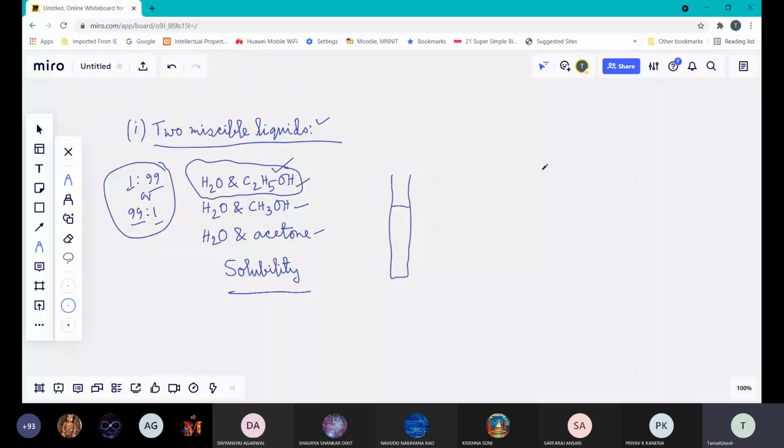Whether that is working in this particular solution or not. Now before doing that, remember a few general ideas. Sodium chloride, potassium chloride, this type of ionic substances, you can take other ionic substances, are highly soluble in the polar solvent water.